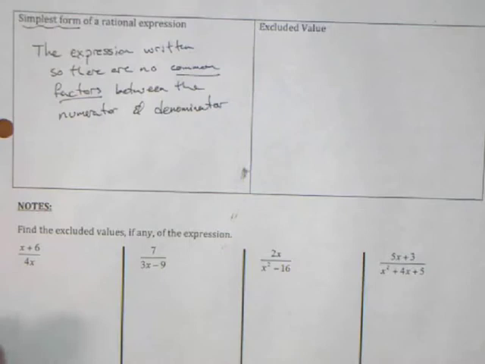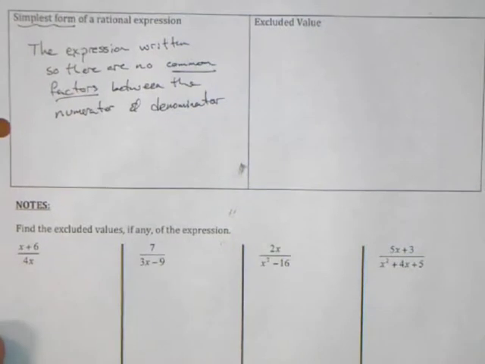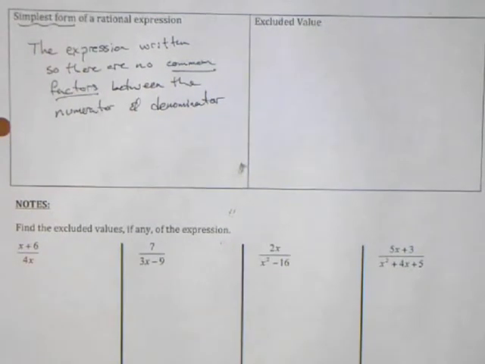Common factors being groups that are multiplied that are identical. We'll talk about how to actually simplify these in just a little bit, but our goal is to make sure there's nothing in common on top and bottom.